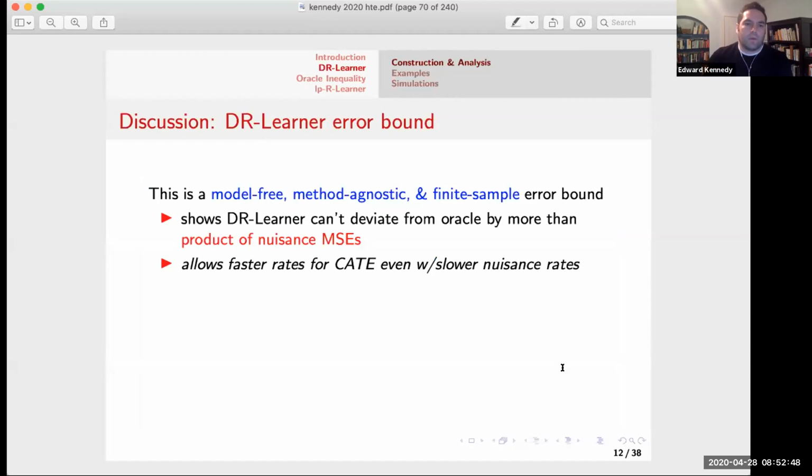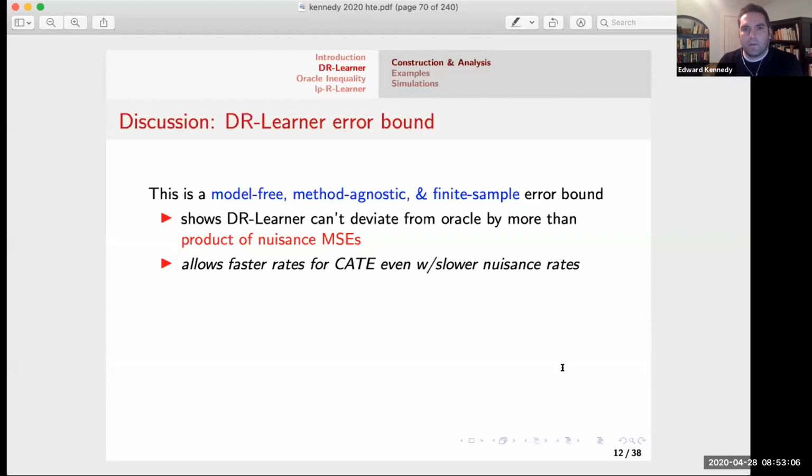And so the really important part of this result is that we have this product of mean squared errors in the error bound, and that means we can get fast rates for the conditional effect, even when we're estimating the nuisance stuff at slower rates. This is similar to the phenomenon that you see for doubly robust estimation of average treatment effects.